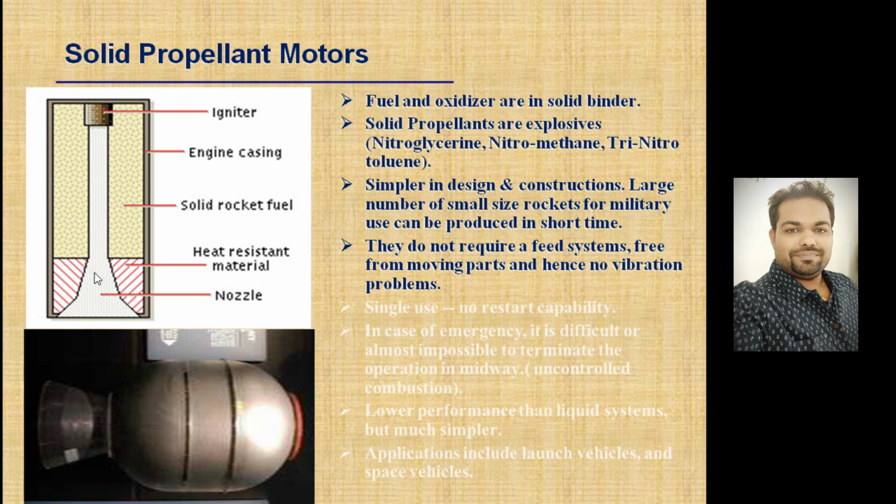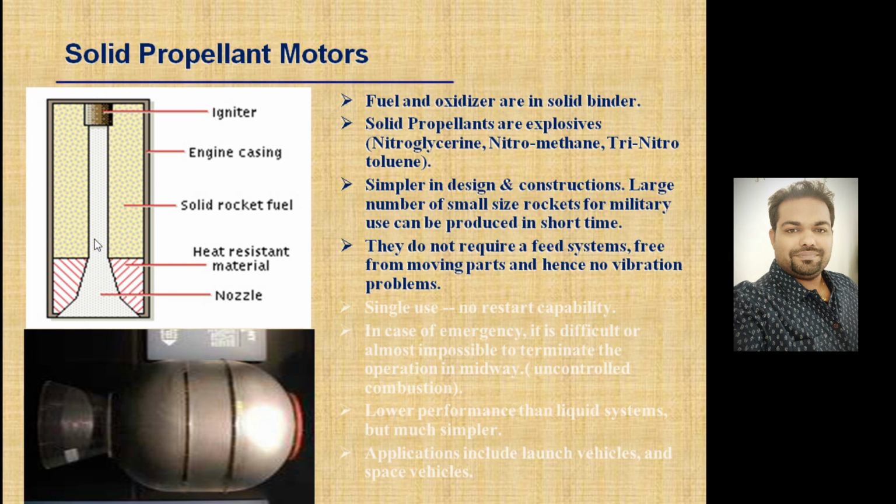This is the nozzle area. At the nozzle wall, particularly, these are basically heat resistant materials, to avoid any kind of heat losses to the casing. So hot temperature gases will expand through this nozzle at very high speed, and it will generate the thrust, basically.